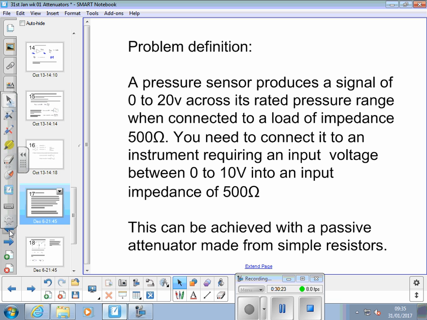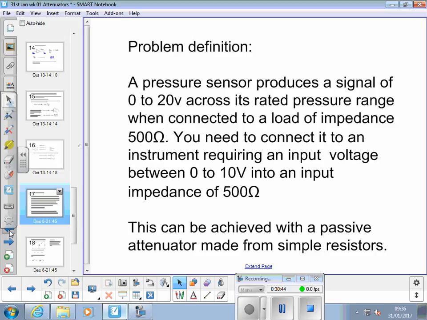Let's go back. So, problem definition. We're going to look at an example problem. A pressure sensor produces a signal of 0 to 20 volts across its rated pressure range when connected to a load impedance of 500 ohms.